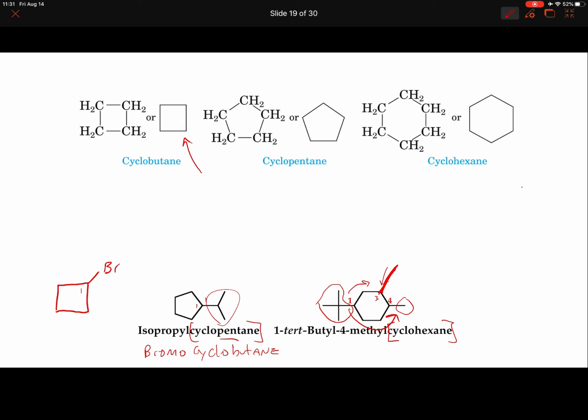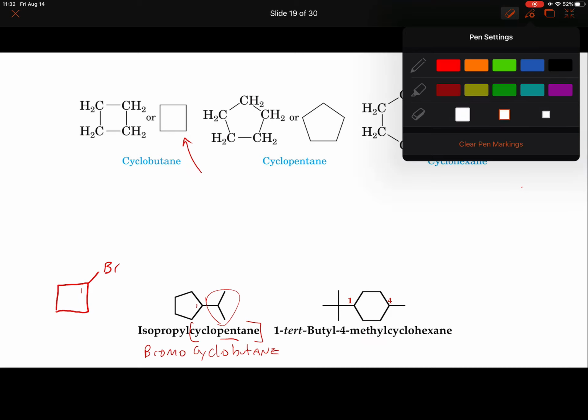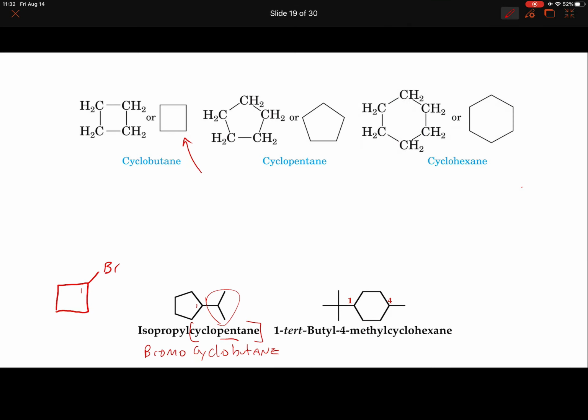Because this could be 3, but it could also be 5. So when we're numbering this, we would say 1, 2, 3, and then that would be the 4. We would still give both of these their substituent names, methyl and tert-butyl, but we would say 1 tert-butyl, 4 methyl, cyclohexane.